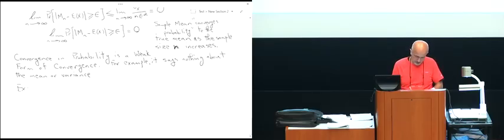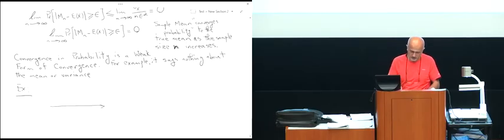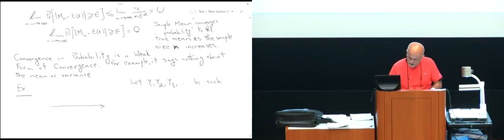Let's do an example. So here's an example. I have a sequence of Bernoulli random variables. So let Y1, Y2, Y3 be such that the probability law for the nth one follows this Bernoulli setup.